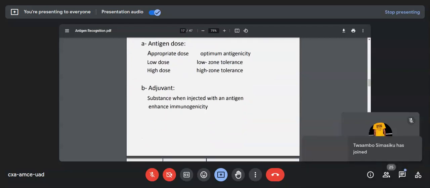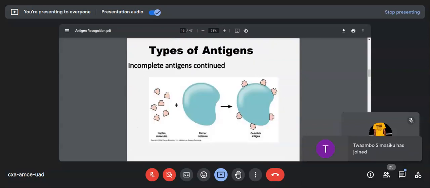So what's an adjuvant? Let me take you back to this diagram. Remember, I had said a hapten has to react with a carrier molecule. An example of a carrier molecule is a polysaccharide or protein.